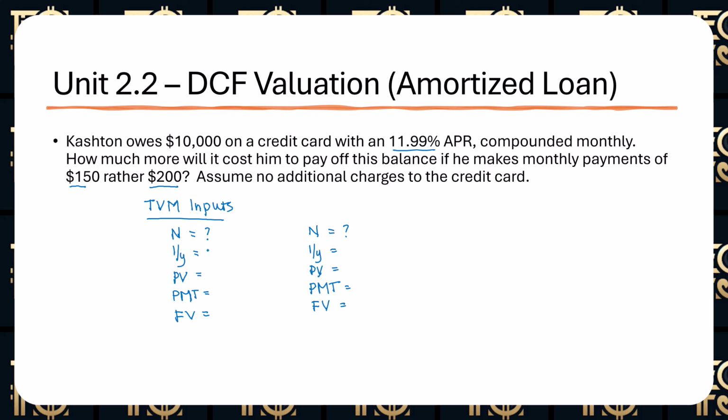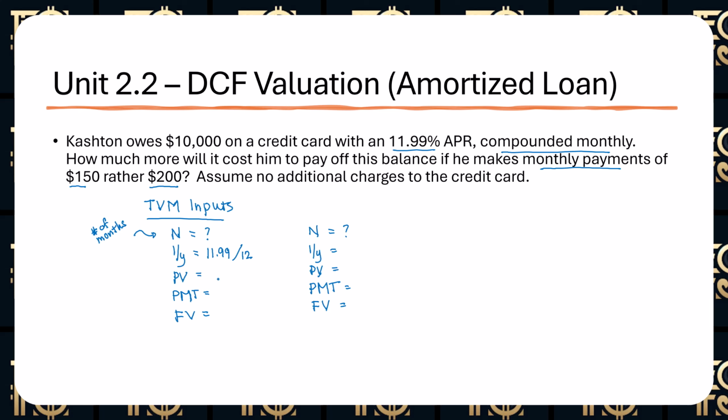We know the APR, which is 11.99%, but it is compounded monthly, so we are going to divide this by 12. He's also making monthly payments. That means when I calculate N, I will be finding the number of months, not the number of years.